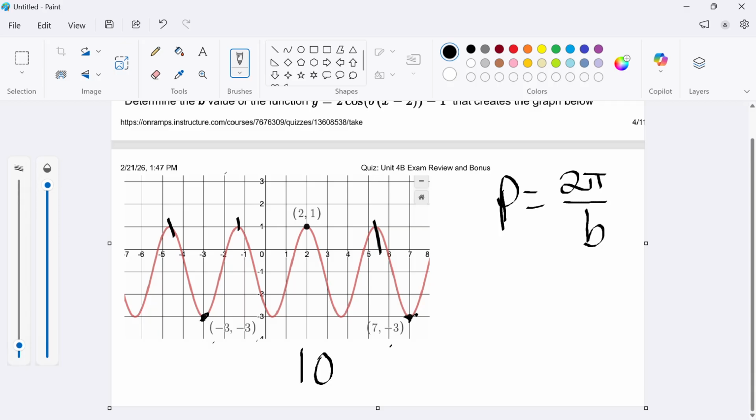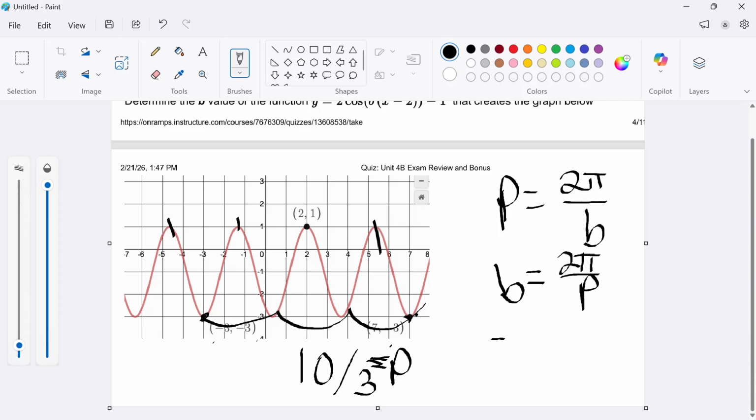So x changes by 10 in 1, 2, 3 periods. So that's the period. A change of 10 every 3 periods, 10 thirds. The period is 10 thirds. So I should have written b as 2 pi over p. That's what I actually want to find, which is equal to 2 pi over 10 thirds, because the x changes by 10 every 3 periods.